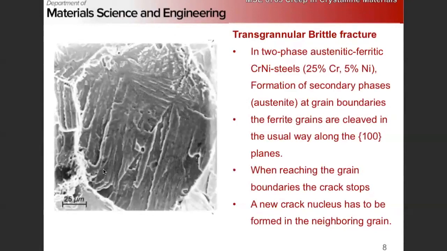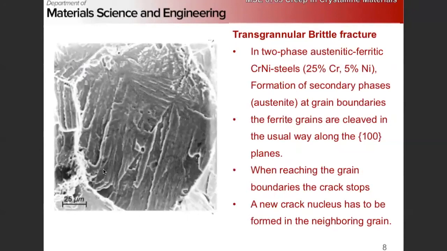Austenite, FCC, ferrite, BCC. So if you get a crack that forms in a grain, it will rapidly cleave across the grain, but now you've got a tough grain boundary region that has to fail ductilely, right? So the crack will propagate completely across the grain. In this case, we've got a nice flat cleavage surface with a ductile region in between, right?